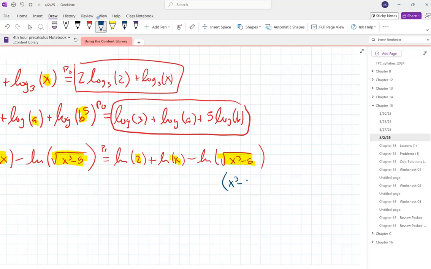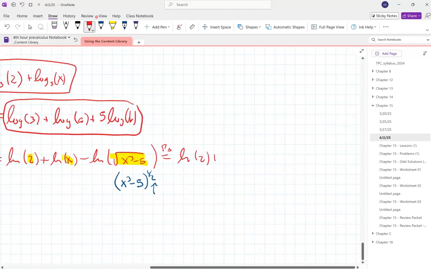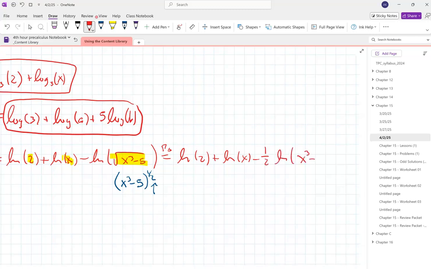Yeah, so remember, this is like x cubed minus 5 to the 1/2. That's my power property. And that's as good as we can do.